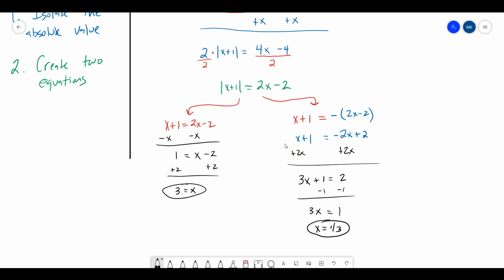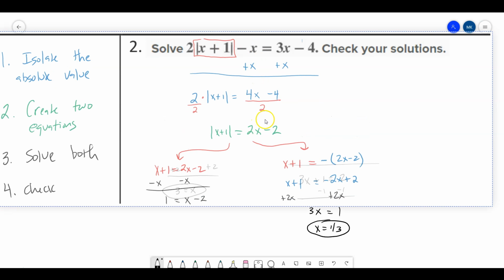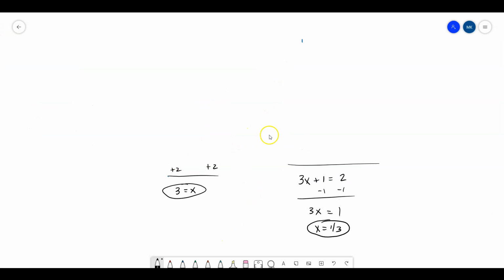The next thing we're going to do is check our answers. So step 3 here was to solve both, and then we're going to check our answers. If you look at this, we're just going to take our 2 answers and plug them back into our original equation, either the one up here, or we can do the one that is right here in green.